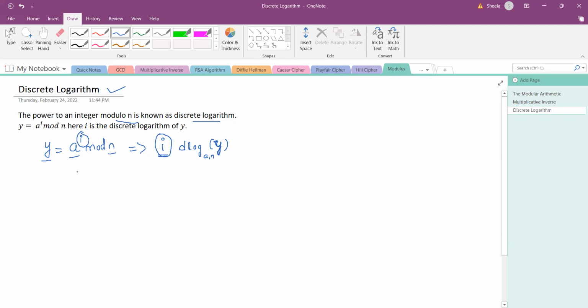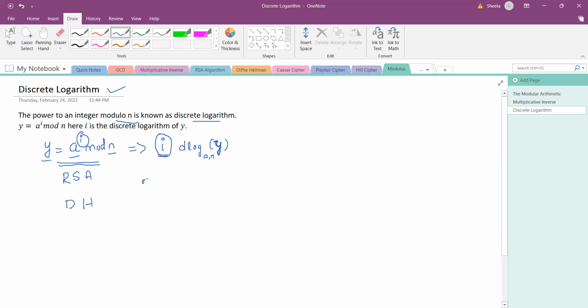That is the reason we consider this type of representation in the RSA algorithm as well as the Diffie-Hellman key exchange. In RSA as well as in Diffie-Hellman key exchange, mainly we consider discrete logarithms.